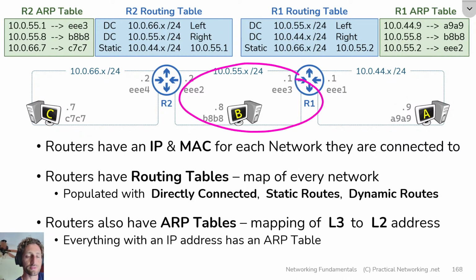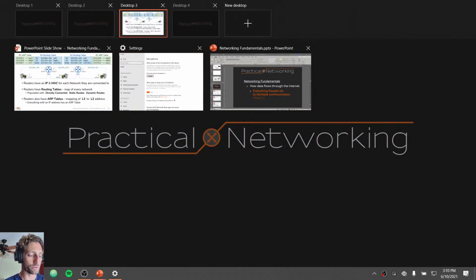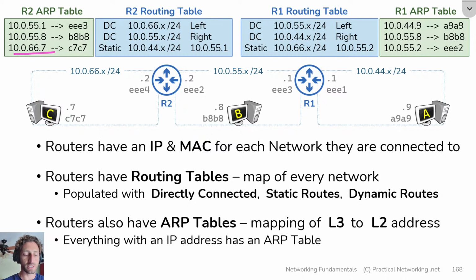And then on the 10.0.5.0 network, there are 2 nodes, R2 and host B. And there's the mapping for host B and R2 right there. And it's the same way for R2's ARP table over here. It's going to have an ARP entry for every node in a directly attached network. For the 10.0.6.0 network, the only other node is host C. And for the 10.0.5.0 network, R2 is, you could say, neighbors in a way with host B and R1. And there's the ARP entries right there.